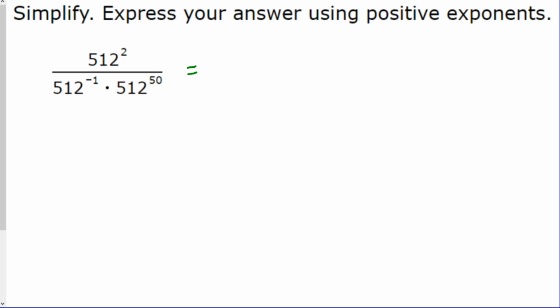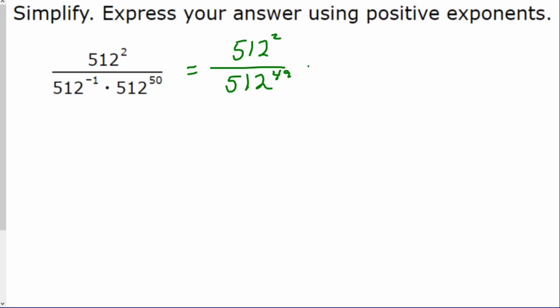So there are a couple ways to do this. I'm just going to do the multiplication first, and then do the division. So I'm just going to carry the top term over without doing anything to it. And on the bottom, I'm multiplying so I can add the exponents. So what is negative 1 plus 50? 49.